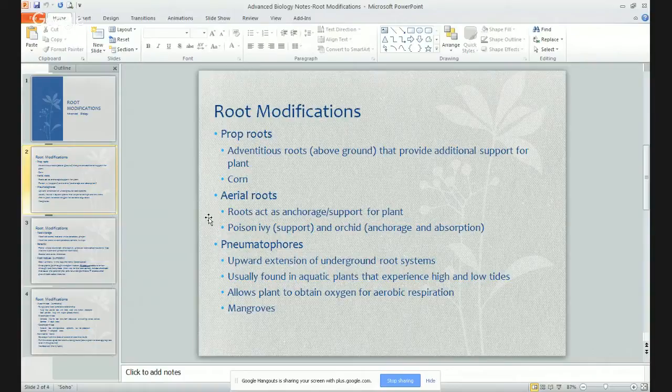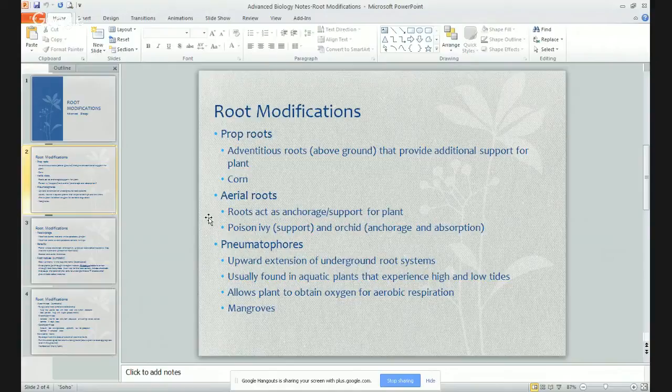And I've drawn two areas of where the high tide is and where the low tide is.